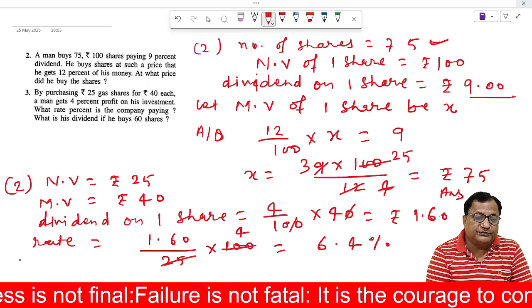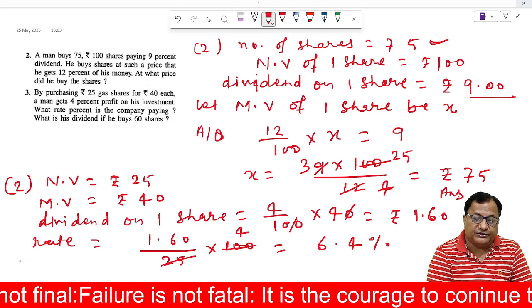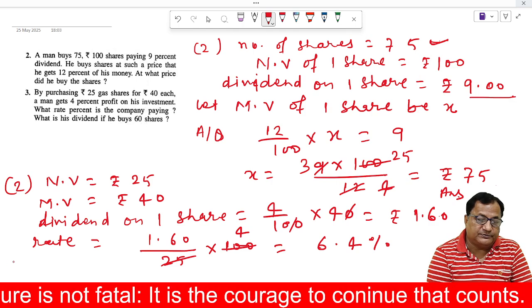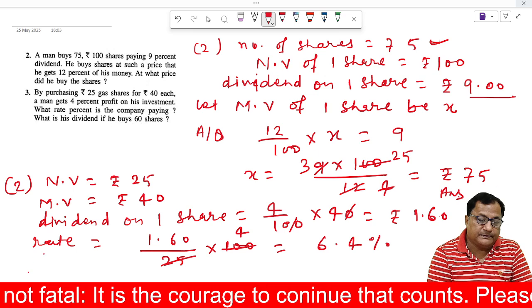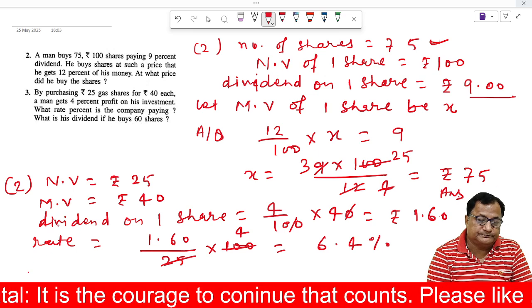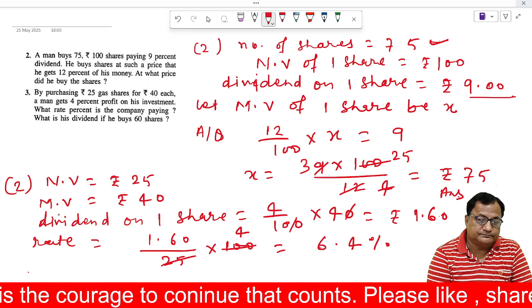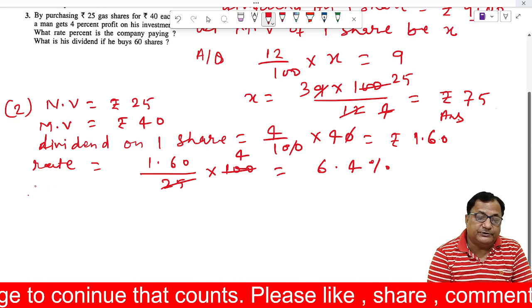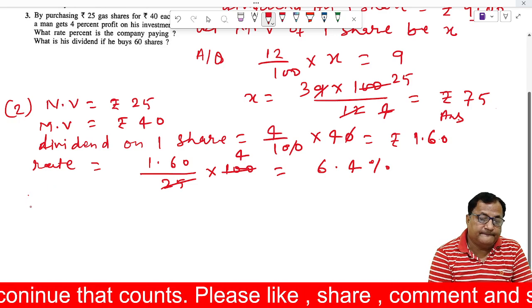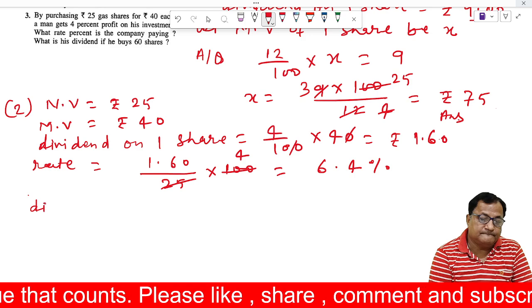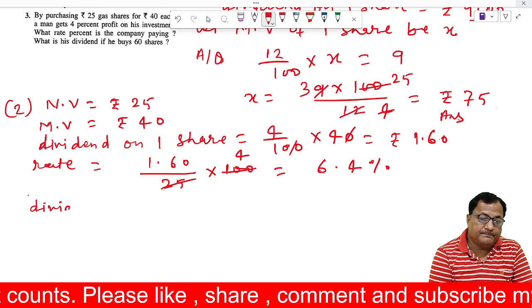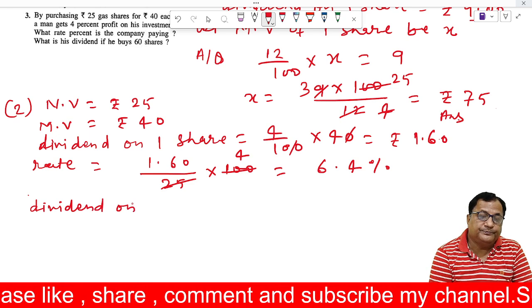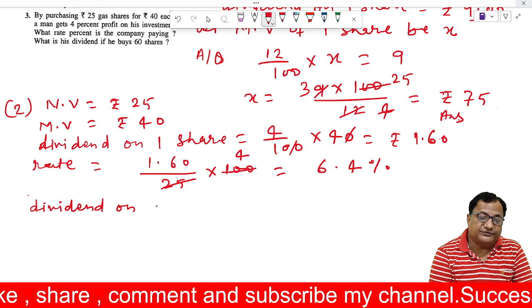And another question is, what is the dividend if we buy 60 shares? So the dividend on 60 shares.